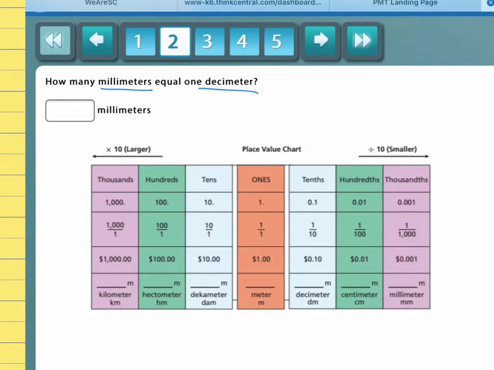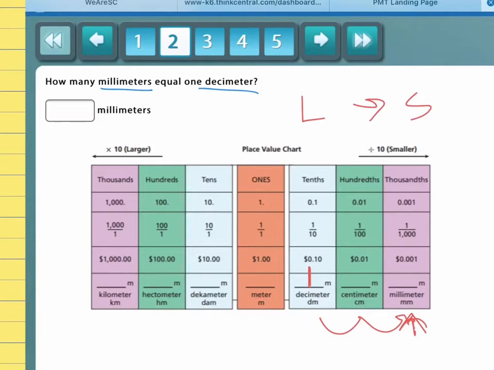Alright, so looking at this problem and unpacking it, they're asking us how many millimeters, which is over here. How many millimeters is equal to 1 decimeter? So go ahead and put in 1 in your decimeter thing, and you want to know how many millimeters. Well, millimeters are much smaller than a decimeter, so you're moving from a larger unit to a smaller unit, and you're going to multiply by a factor of 10 to the second power, or 100.